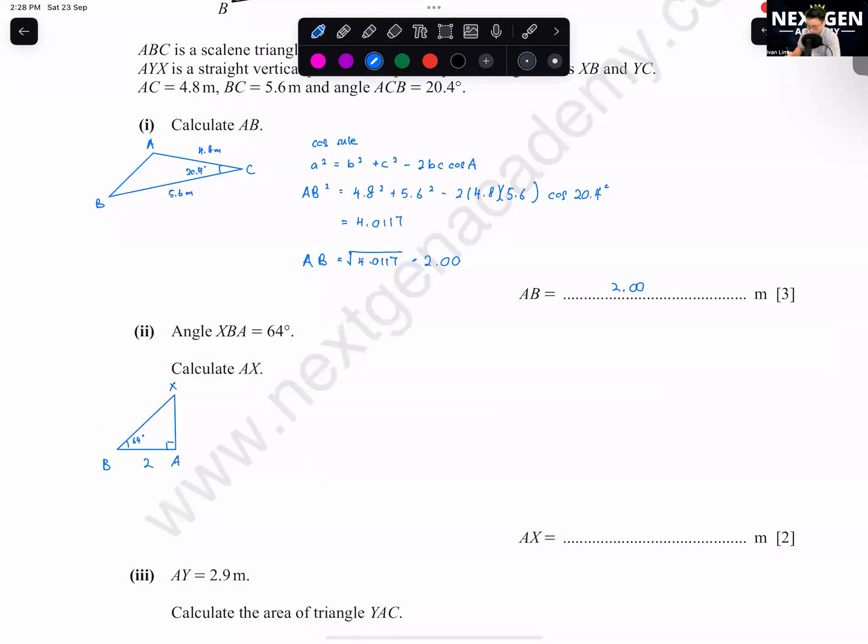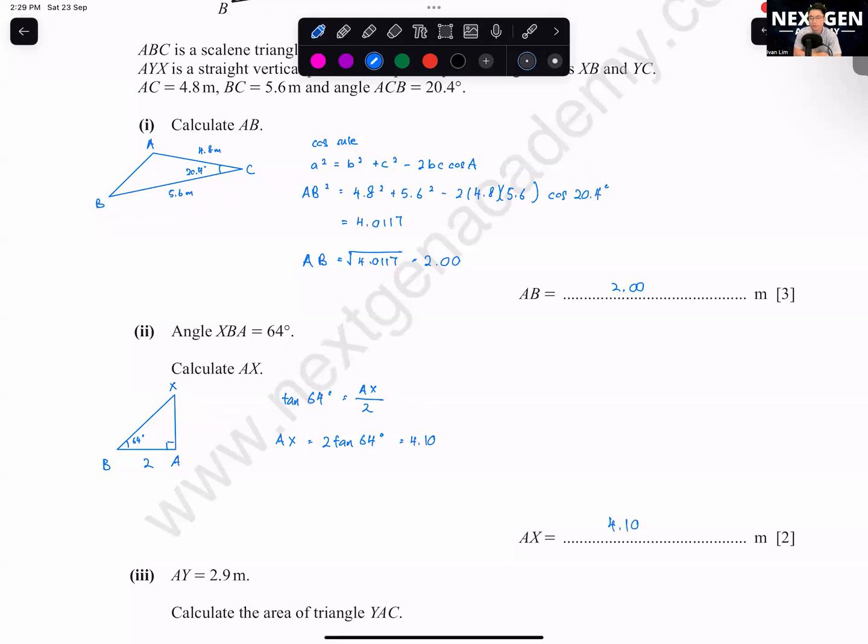Here will be 2. You want to find what is AX? You're going to use SOHCAHTOA because this one is a right angle triangle. So tangent 64 degrees equals to AX over 2. AX is 2 tangent 64 degrees, which is equals to 4.10.